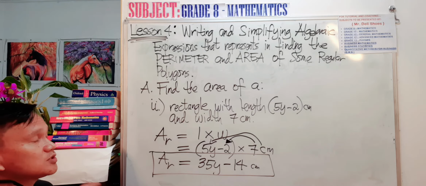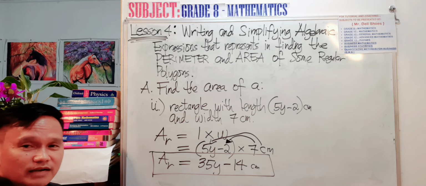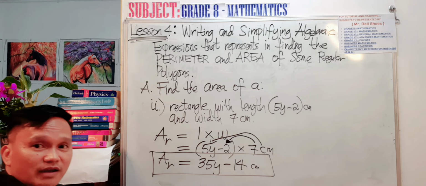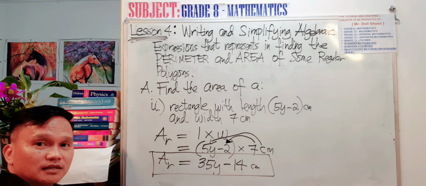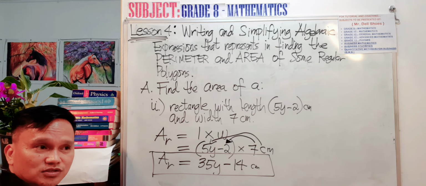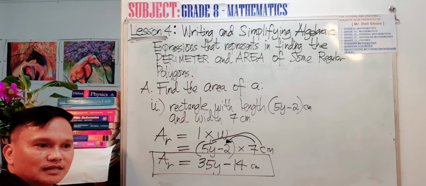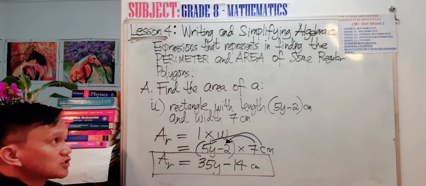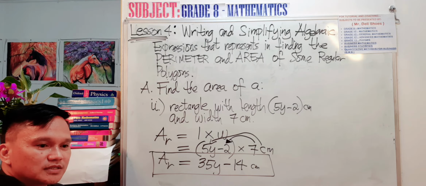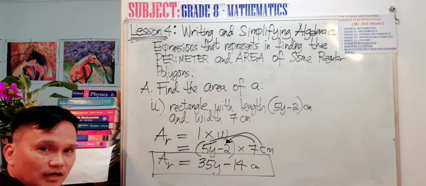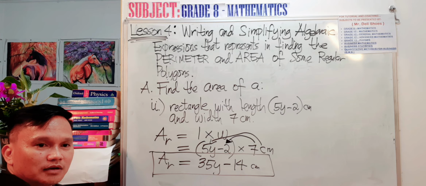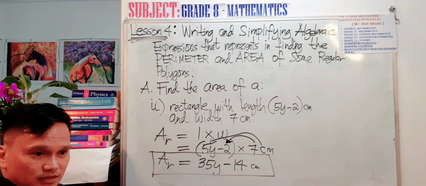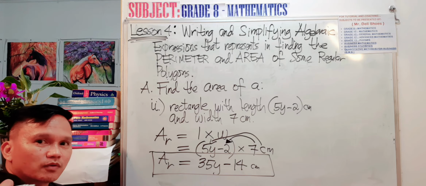I presented this one as the summary of what we have discussed in lesson number 1, lesson number 2, and lesson number 3, because this is a very common question in the national examination or any mathematics examination. Most of the questions are always word problems, and all you need to do is write them down in a simplified algebraic expression, and then the rest of the questions will follow.